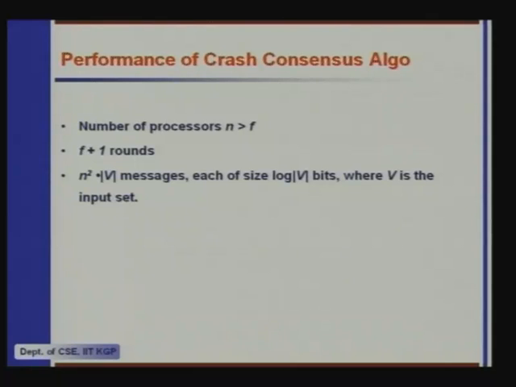If there is only one value, then in the first round everybody will send that value, in the second round they will see that it is the same value, so they will not send it again, right. So then you just have n square messages for only the first round, each one sends to n of the other ones, so order of n square messages in the first round, right.